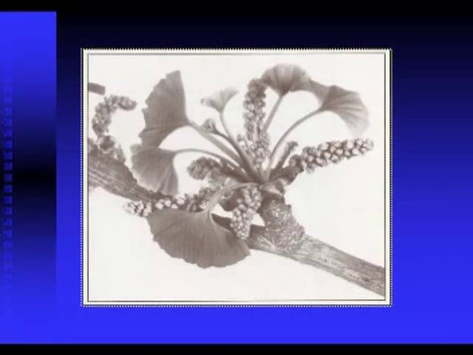Ginkgo biloba has a two shoot system. One is the long shoot, or shoot of unlimited growth. The second one is the spur shoot, otherwise known as dwarf shoot, which has limited growth.